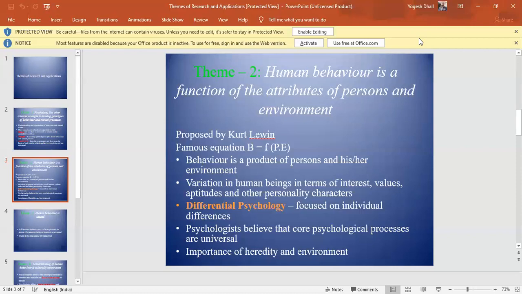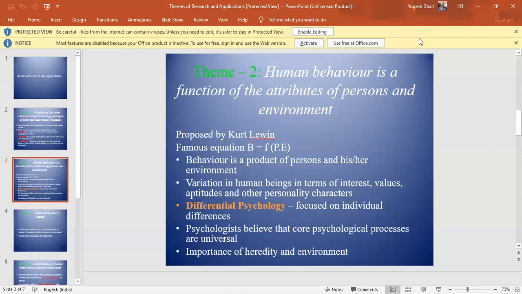So the first point is behavior is the product of person and his or her environment. And the second point is each person varies in intelligence, interest, value, aptitude, and characteristics.